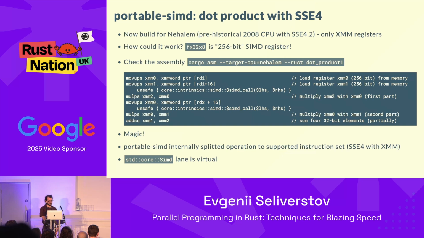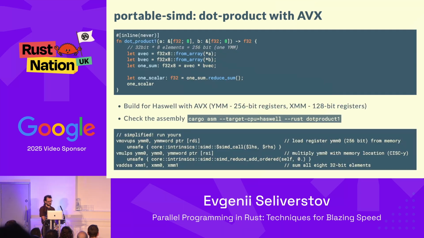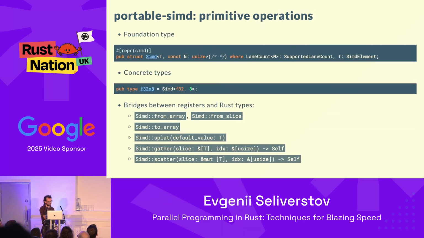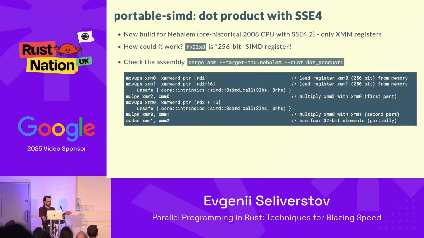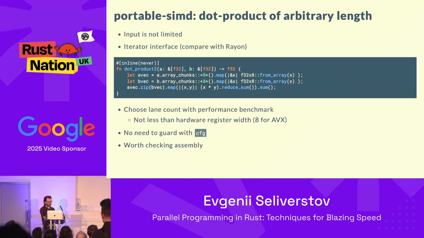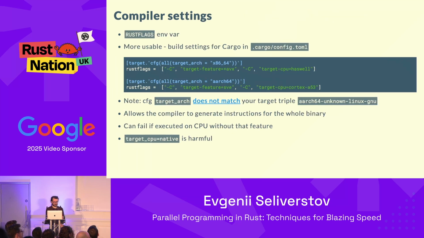And the SIMD lane we've seen in this part is really virtual, so it doesn't relate to the actual SIMD width. We usually specify 32, so it doesn't matter. It's a much more abstract way, and we can also write a program with normal iterators, zips, reducers, and yeah, portable SIMD is the choice.